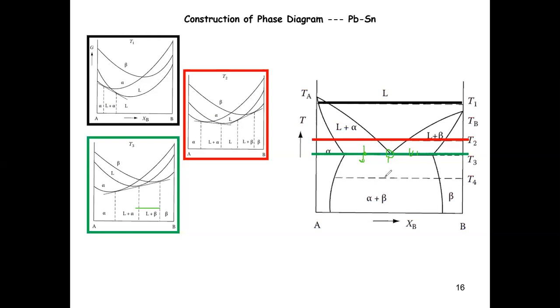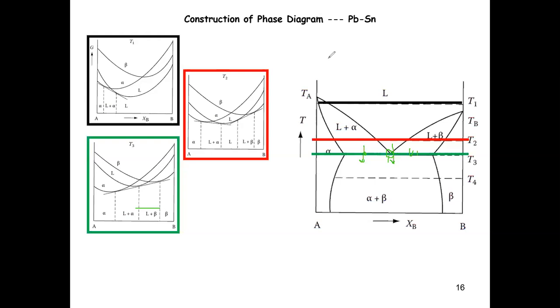The liquid simultaneously transforms through this point. From here you have alpha plus liquid, right? But if you further cool from this point, the remaining liquid is going to transform through exactly this point to both alpha and beta. Okay, we'll show that later.